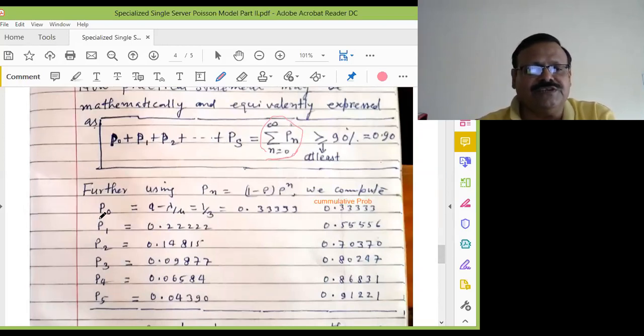Pn is given here. You must know this very popular formula, which we derived yesterday. So we compute P naught.